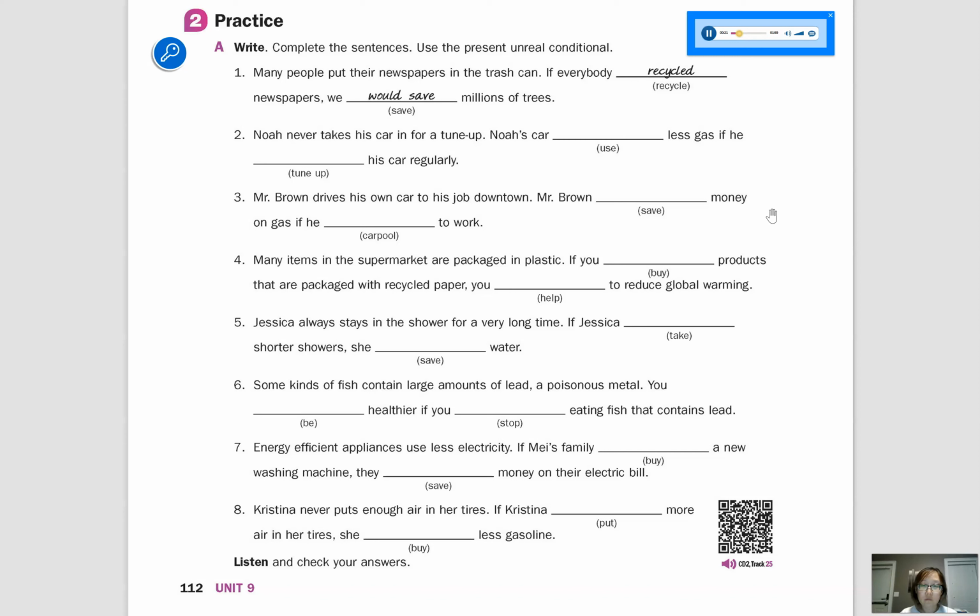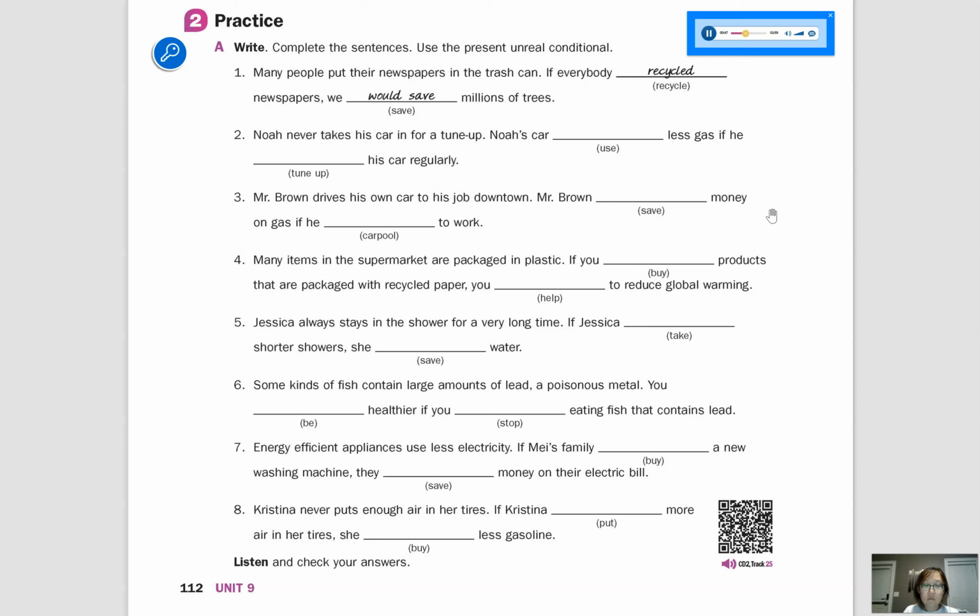Noah never takes his car in for a tune-up. Noah's car would use less gas if he tuned up his car regularly. 3. Mr. Brown drives his own car to his job downtown. Mr. Brown would save money on gas if he carpooled to work.